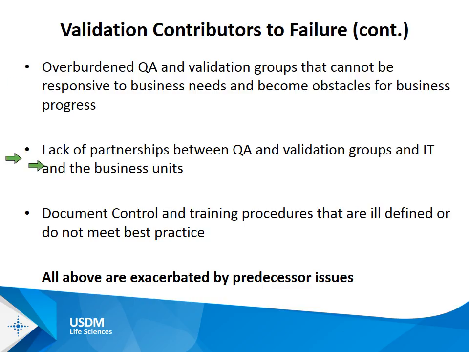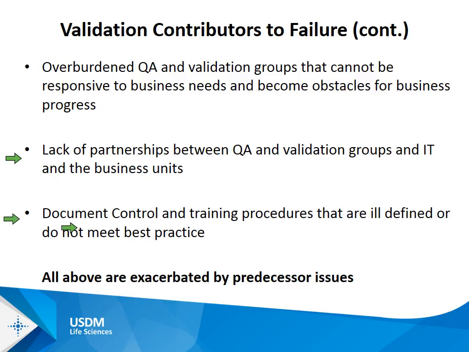And then you see the lack of partnership between QA and validation groups and IT and the business units. While there is sort of a natural antagonism that we see between validation groups and QA, as QA and validation may have different ideas about what's sufficient to sign off on a validation, it's usually because there is not a well-defined methodology driving that everyone can agree on, so the roadmap is clear.